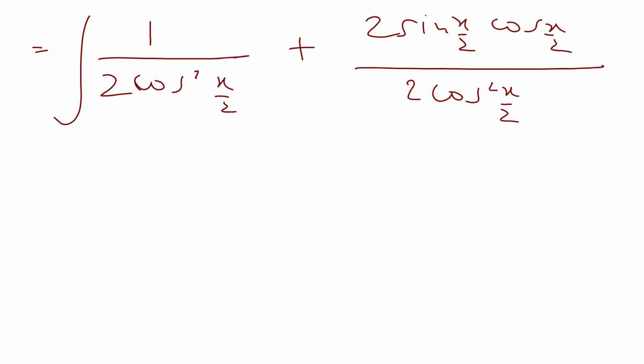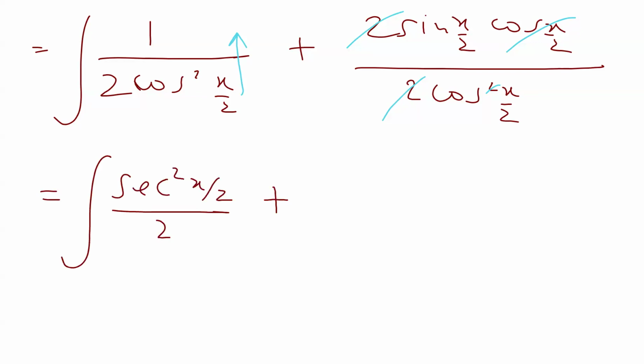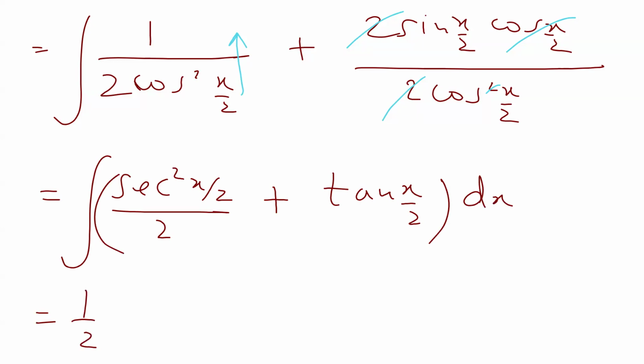Now here 2 cos is gone. So send cos square up. So this is sec square x by 2 plus tan x by 2. Individual integration, half, because this 2 is down.